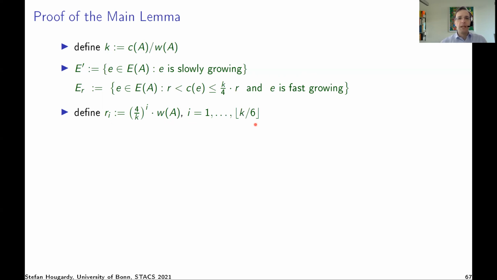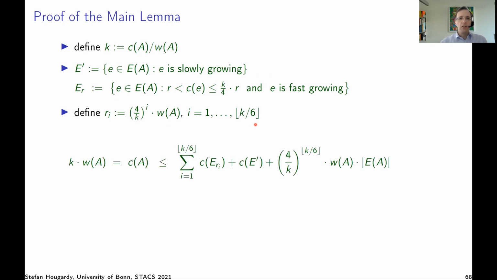So this means with all the sets ERI, we do not cover all the fast growing edges. Some edges are uncovered, but the edges that are not covered by these sets are only edges which have a very small C value. And now with these definitions, we get the following inequality.